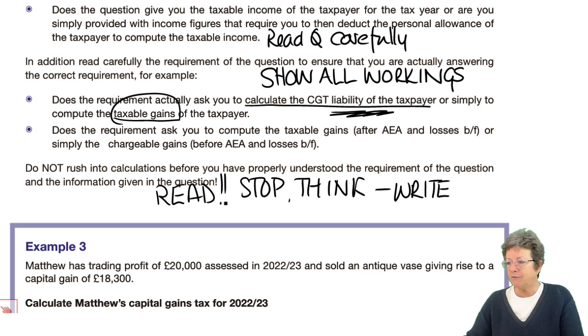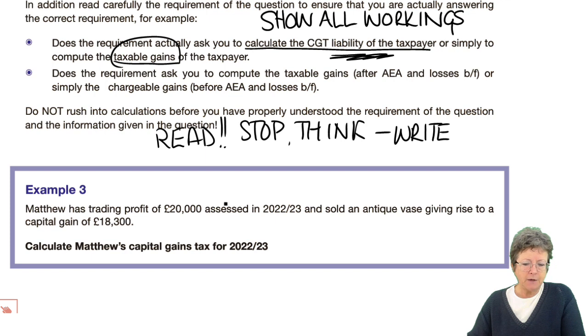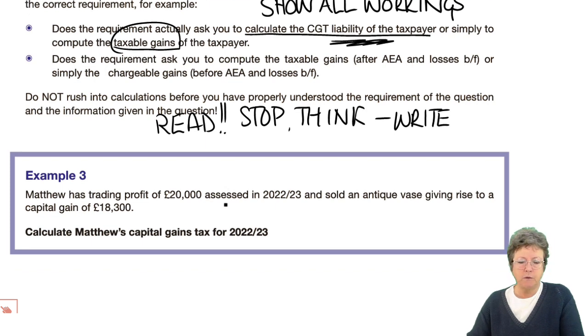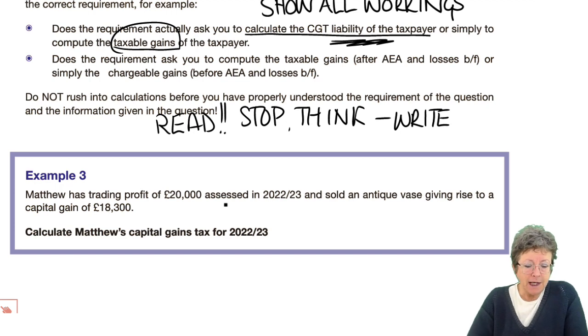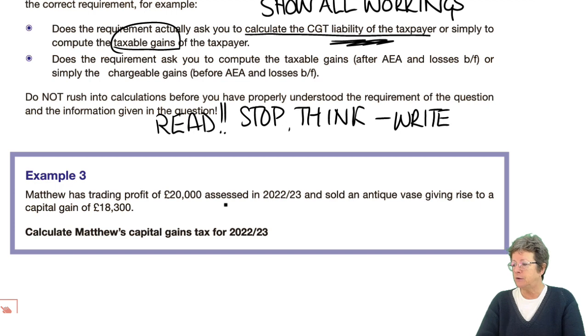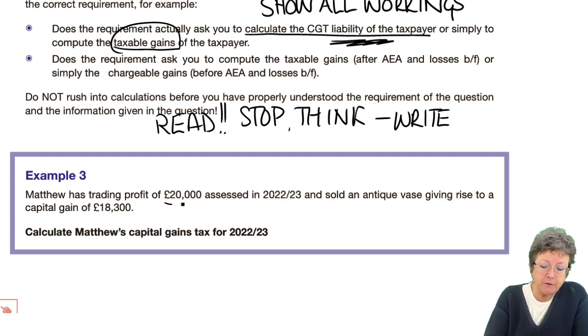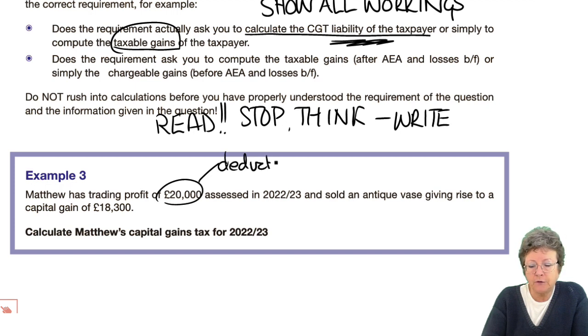Now, we've got several examples here. Example 3, 4, 5 and 6. So I'm going to do some more. So we've got to see what's going on here. Matthew has trade profits of 20,000 assessed. Okay, so that's just his profits. Okay, which means we need to now deduct his personal allowance in order to work out his taxable income.